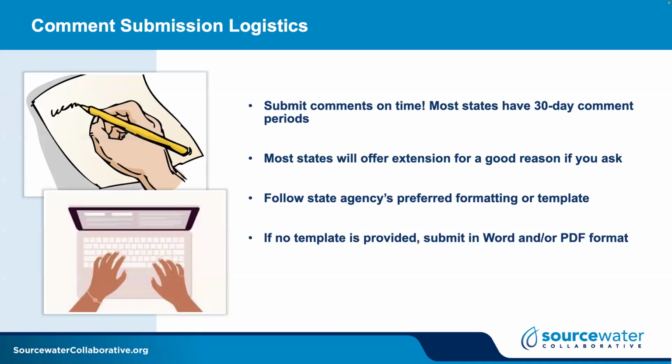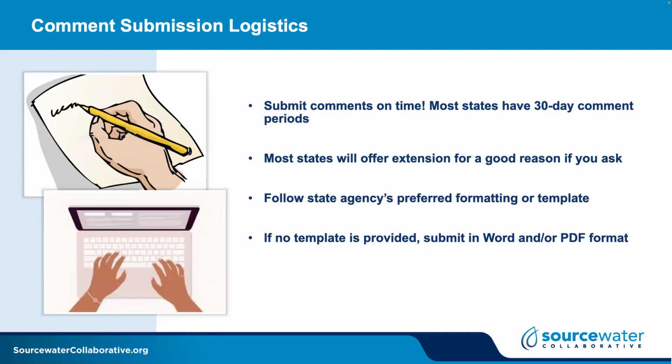Just some quick basic comment submission logistics. Of course, you want to submit your comments on time so they will be considered. Most states have a pretty quick comment period of 30 days, but I have seen for some larger facilities or very complicated permits, sometimes they have 60 to 90 days because there is a lot of technical information for stakeholders to review. And also, if you feel like you don't have enough time, definitely ask for an extension, and many states will give you an extension if you have a good reason.